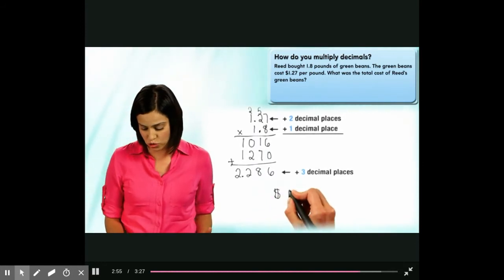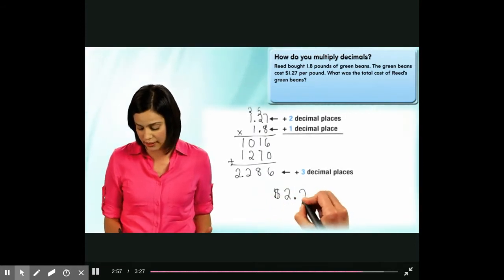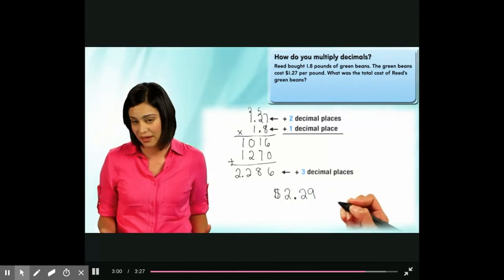So we have $2.29. And there you have it. The total cost of Reed's green beans is $2.29. So you see, multiplying decimals can be delicious and lucrative. See you next time.